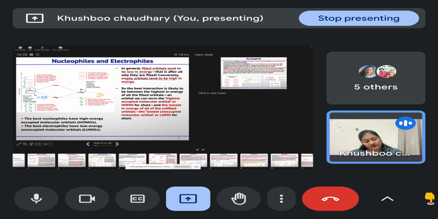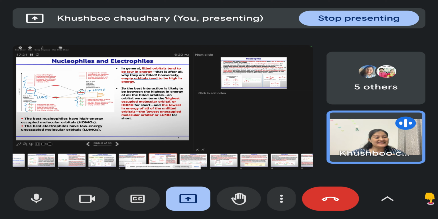Similarly, in the case of a nucleophile, we want the highest occupied molecular orbital, so that the energy gap between the electrophile and the nucleophile is minimum, and this transfer of electrons is feasible. In the case of a nucleophile, other filled orbitals we are not concerned with. We are concerned with the orbital that is filled and has the highest energy, and we call it HOMO. And for the electrophile, it is LUMO.